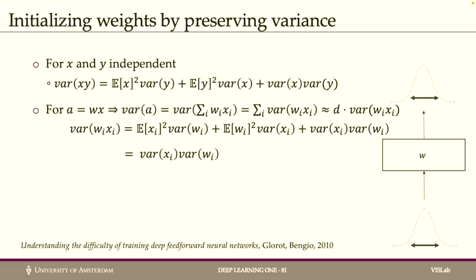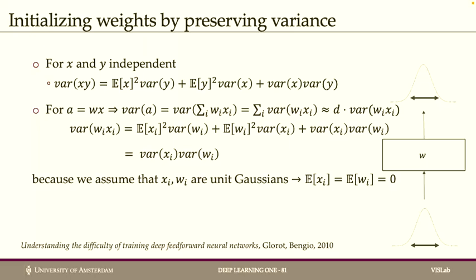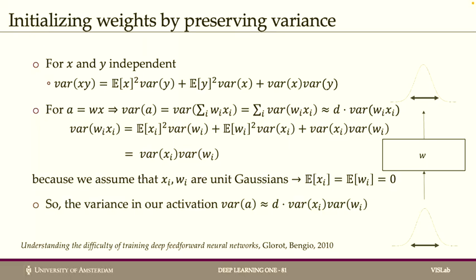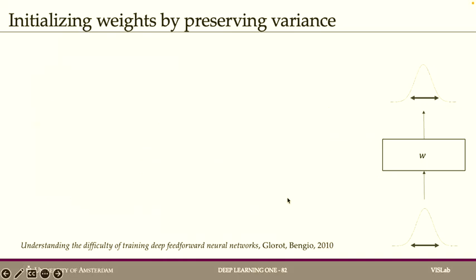We plug it in. And since both are zero-centered, let's say xi and wi are unit Gaussians, so we get the expectations at least to be zero. So these cancel out. So the variance of each wi times xi is simply the variance of xi times the variance of wi, which we know. And in the above formula here we have the sum. So this is simply D times the variance of each. Now, what can we do with this?